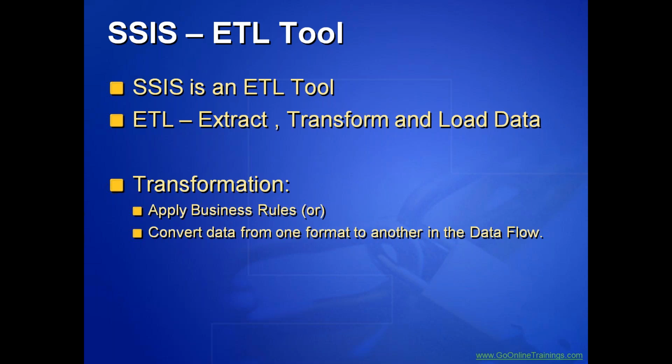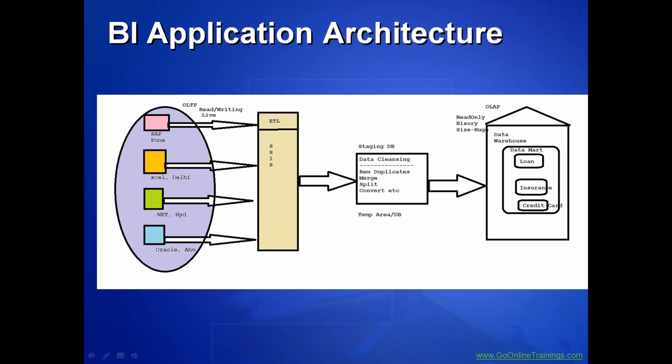Sometimes we simply extract the data and load the data. So in yesterday's diagram, we always get the data from different source systems. We are going to be loading the data as it is here. So maybe extracting the data, loading the data. We are not going to do any kind of transformation.